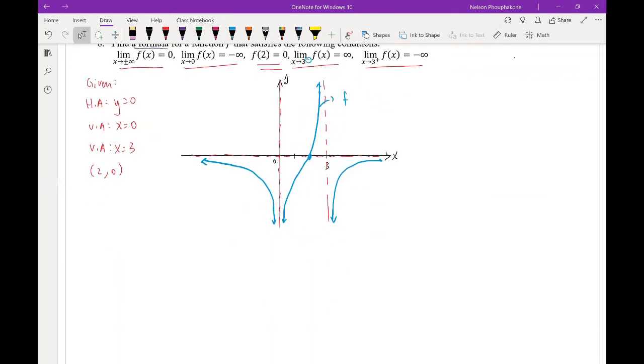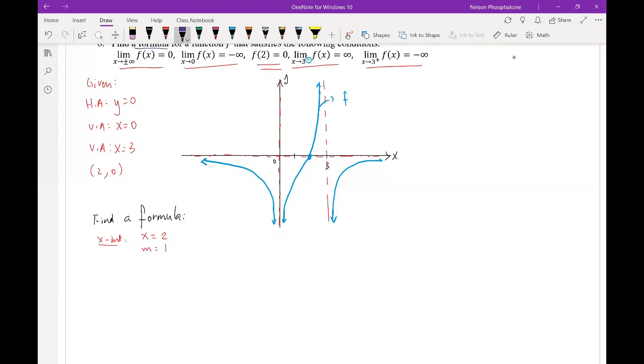Now the second step is we need to find a formula. We know that the x-intercept is x equal to 2, and the multiplicity is 1.